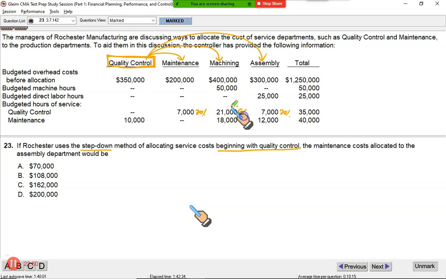Which means, gentlemen, quality control provides 20% of its services to maintenance, 60% to machining, and 20% to assembly, which means this $350,000, 20% cost will go to maintenance. 20% of 350 is going to be, I think, 70,000. Yes.